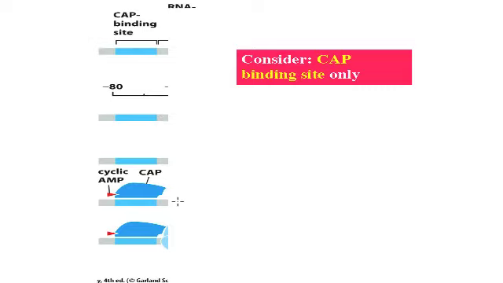However, when glucose levels are low, then the cell has to turn to alternative sugars for its energy needs, and here the CAP protein will be found bound to the CAP site. Here the CAP protein assists in bringing in and increasing the rate of transcription of the Lac Operon.